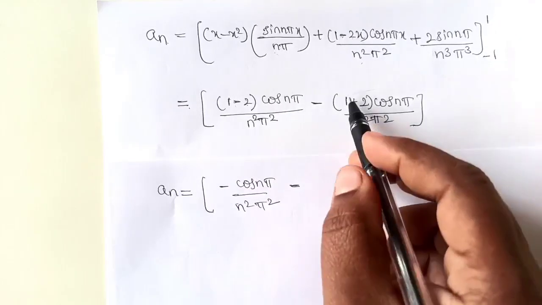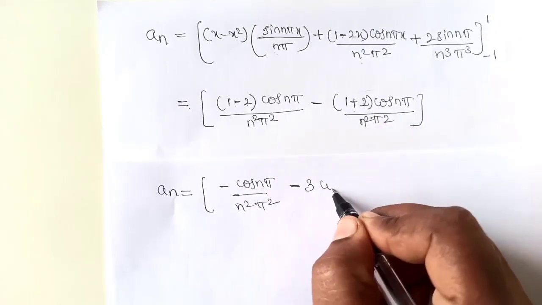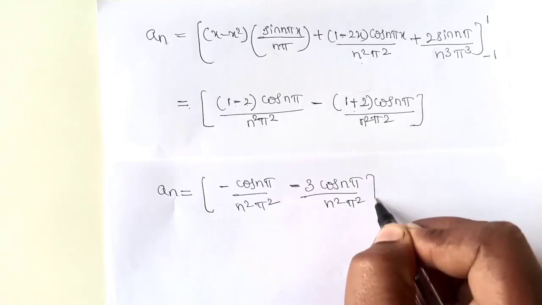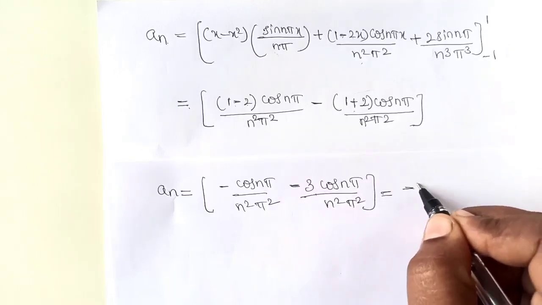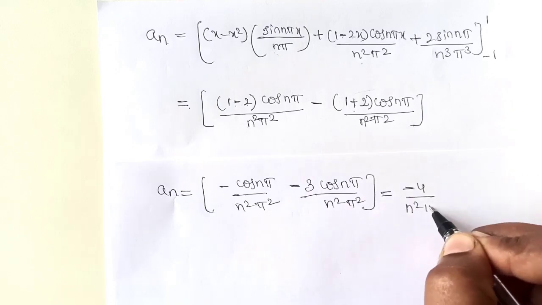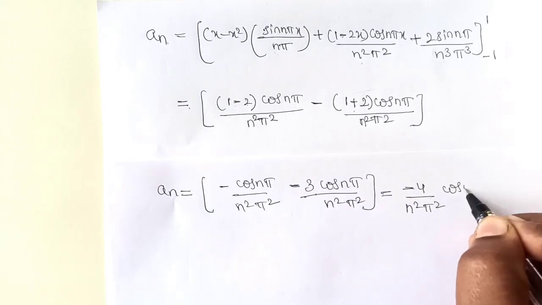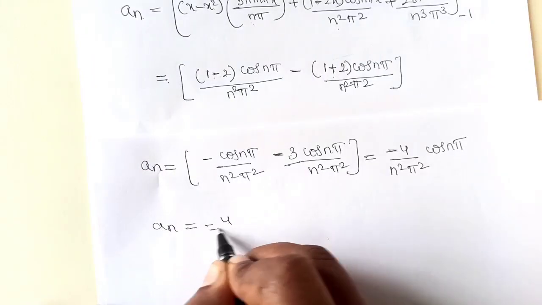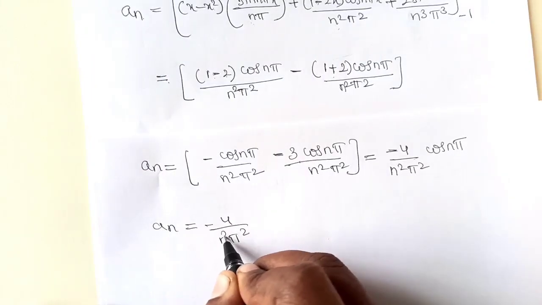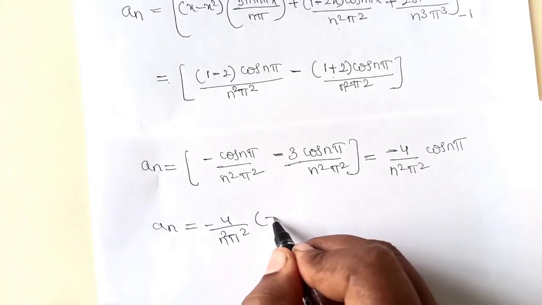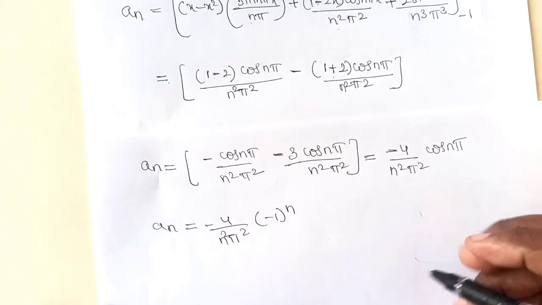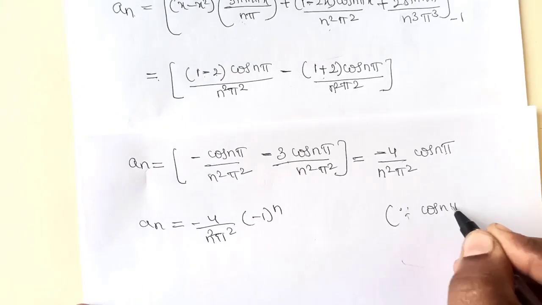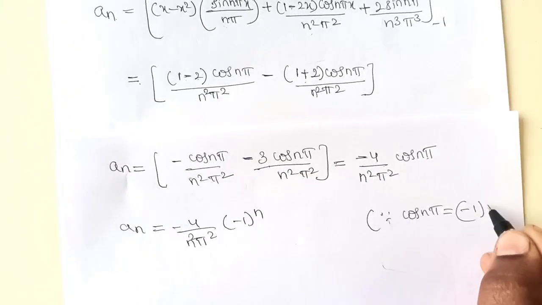Here 1 plus 3 is equal to minus 3 cos n pi divided by n square pi square. Simplifying this we get minus 4 divided by n square pi square cos n pi, that is an equals minus 4 divided by n square pi square, and cos n pi value is minus 1 raised to n, because cos n pi equals minus 1 raised to n.